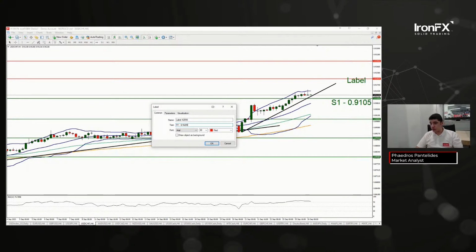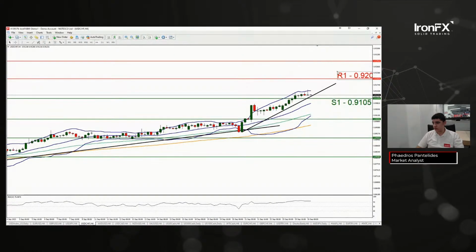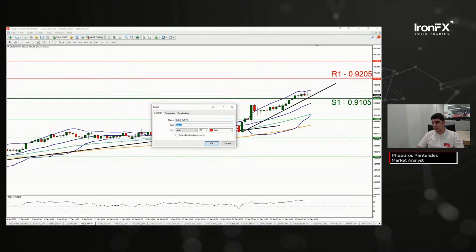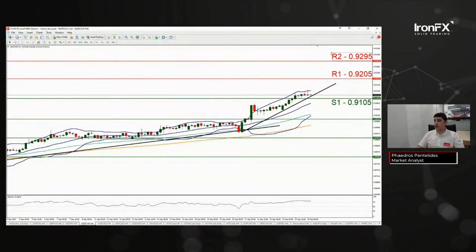For those of you watching at home, you could potentially place these levels as well on your charts so you can see what we're seeing as well. It makes it slightly easier. So this is R1. And then for R2, we could be 0.9295. R1, R2.